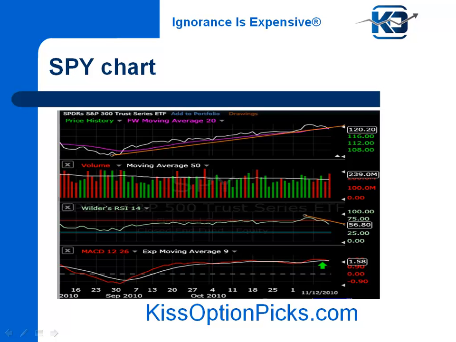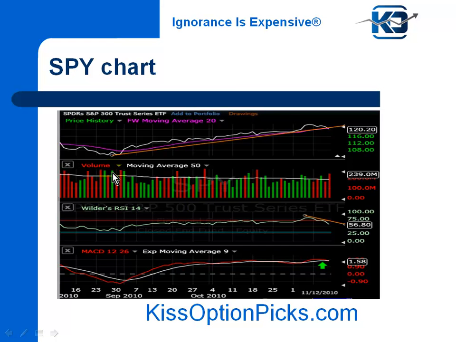As you can see, it connects the lows for the SPX during the past 3 months, and if you notice, it's penetrated for the first time in 3 months. It's going below the trend line, and it's also penetrated the 20-day moving average.